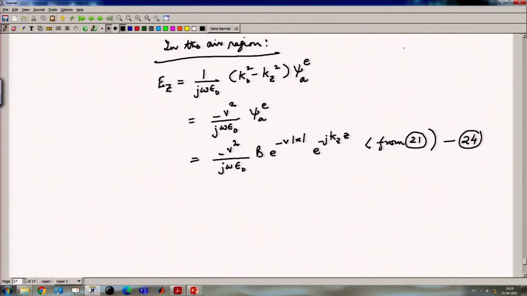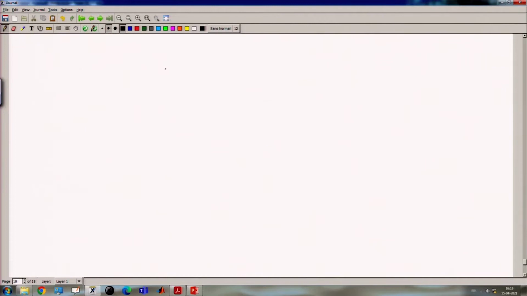Similarly, we can find H y, the tangential magnetic field in the air region.